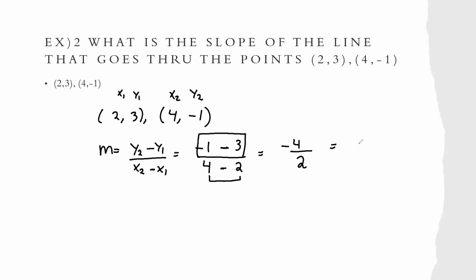So that simplifies to -2. So my slope is going to be -2. That's how you find the slope when you're given 2 points. Okay, let's move on.